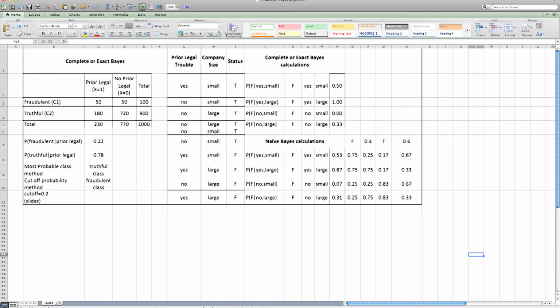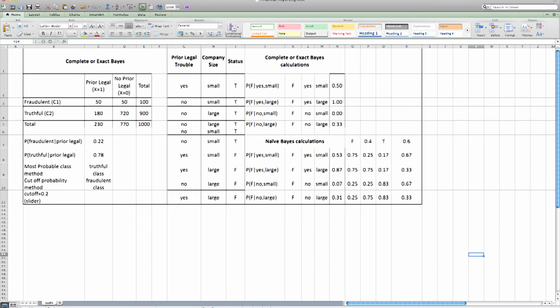If we want to compute the probability of a particular report being truthful given the information we have related to prior legal trouble, this also can be computed. Out of all the reports which had prior legal trouble, that is 230, 180 were found to be truthful.